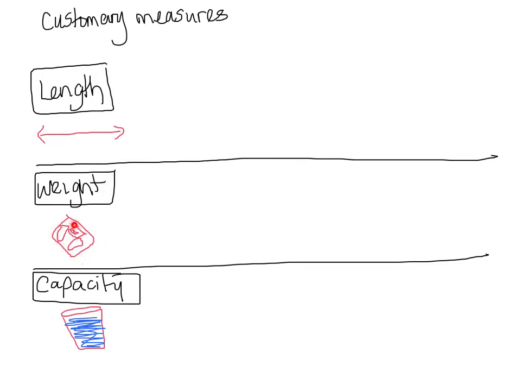Weight: this picture, in case you're wondering, is a scale, like one you stand on to weigh yourself. This is the part that tells you how much you weigh, and this is where your feet go. And then capacity, which is how much something can hold. So I drew the cup of water so that you know the different measurements we're looking at.